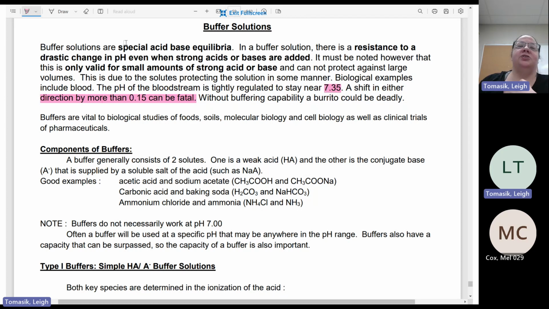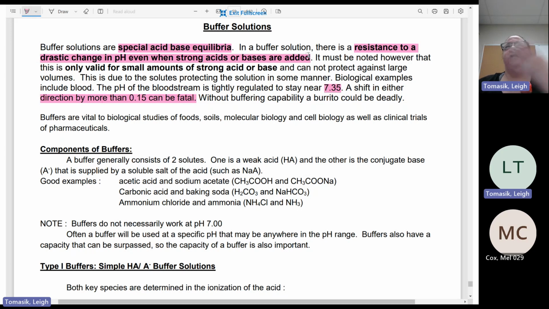Okay, so buffer solutions are special acid base equilibrium systems. In a buffer solution, there is a resistance to drastic change in pH, even when strong acids or strong bases are added. So we have a buffer solution. Our blood is a buffer solution, right?